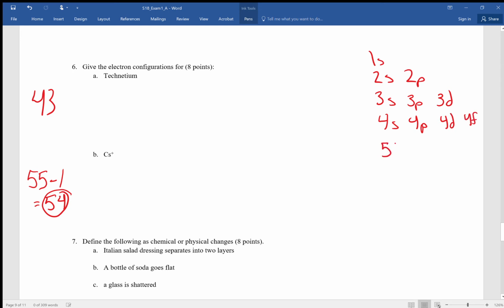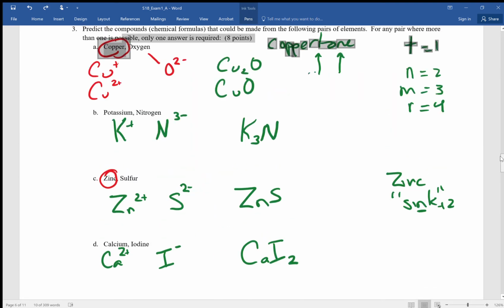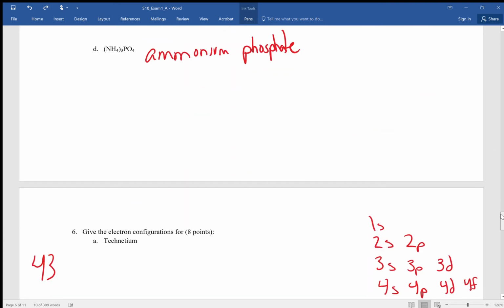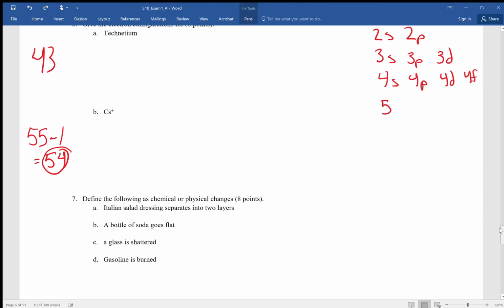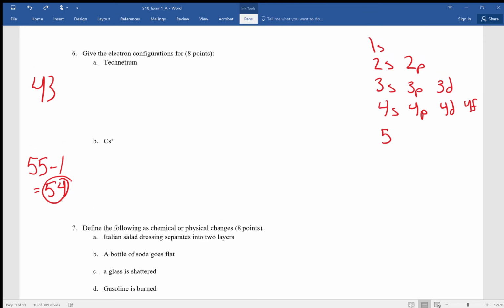We write out our chart, and then we can get our order by drawing our arrows in.